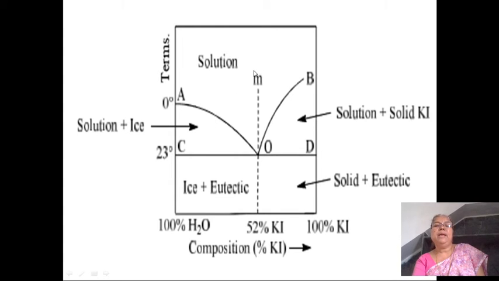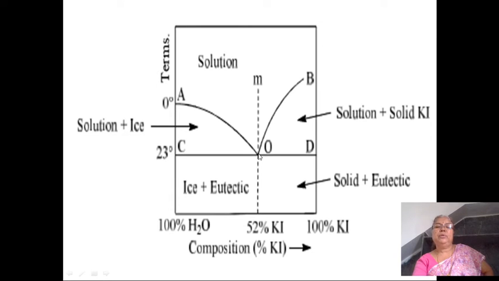In this area, we have a saturated solution of KI and water, and along this curve BO, two phases are in equilibrium: solid KI and solution. And this O point is a eutectic point, and at the eutectic point, we have three phases: ice, solid KI, and solution.